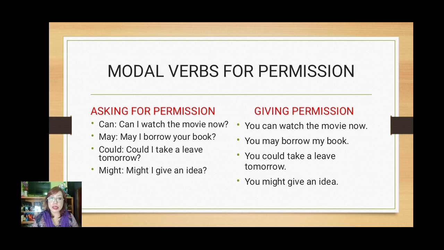Can in the present sense and could in the past tense. And also we have seen some modal verbs for permission, that is can, may, could, might. Alright students, I've also told you that there are 9 modal verbs which you need to remember. So students, just recall this and try to understand it.